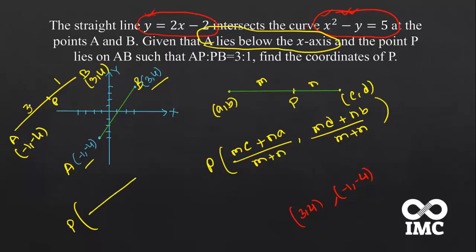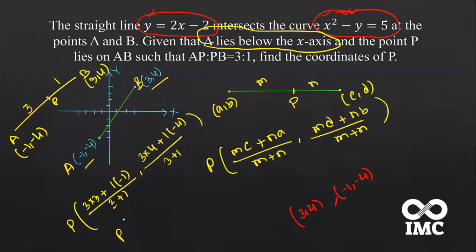Here we can write 3 into 3 plus 1 into minus 1, divided by 3 plus 1. And here 3 into 4 plus 1 into minus 4, divided by 3 plus 1.